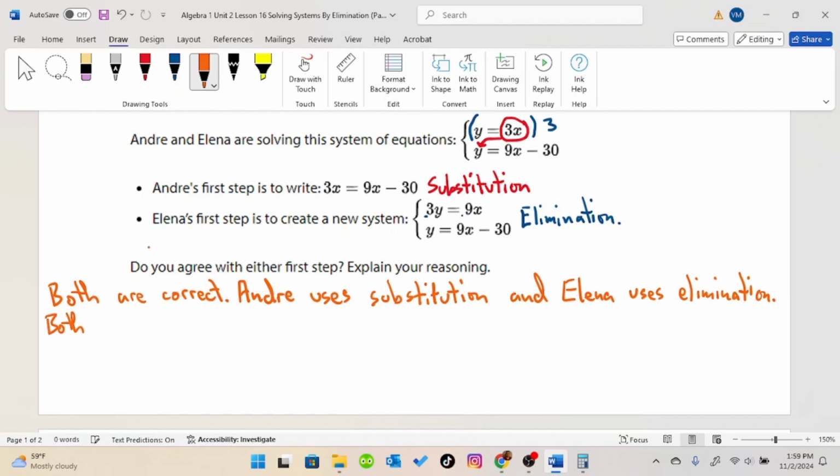Both will get the same answer. But I prefer Andre's substitution method.